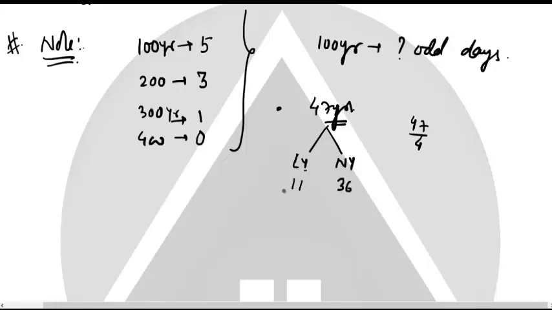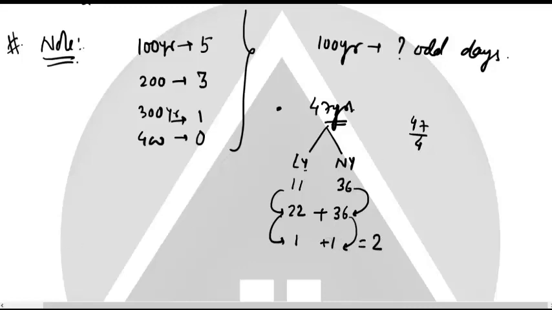Every leap year has 2 odd days, so there are 22 odd days. 36 normal years means 36 odd days. So when I add it, I can divide it by 7, I get 1, and I get total 2 odd days, right?